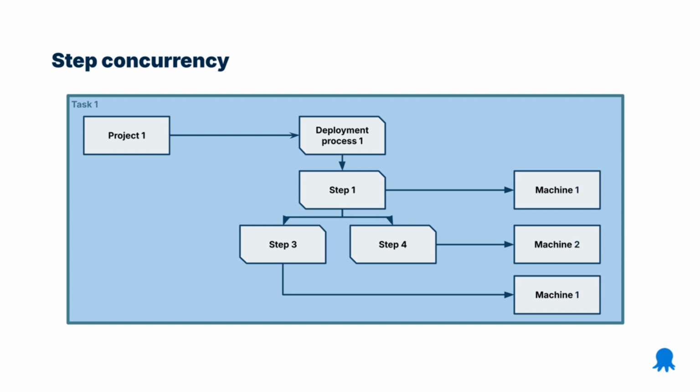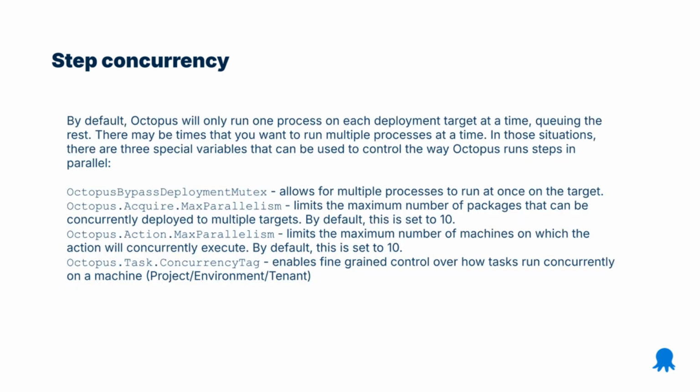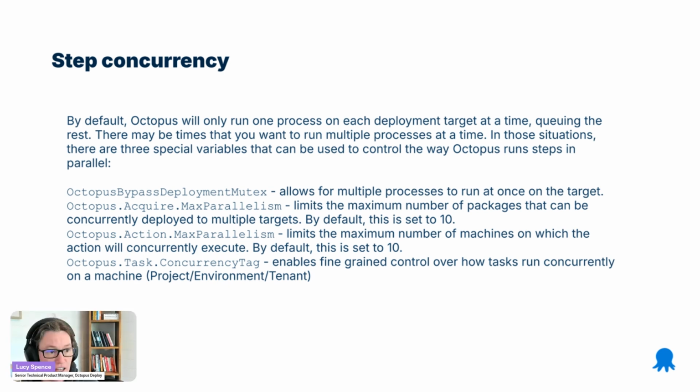And that will allow you to handle multiple steps at the same time. So just to signal you towards the finer grained controls we have of these things, we've talked quite a bit about the bypass mutex, that's really at the machine level.